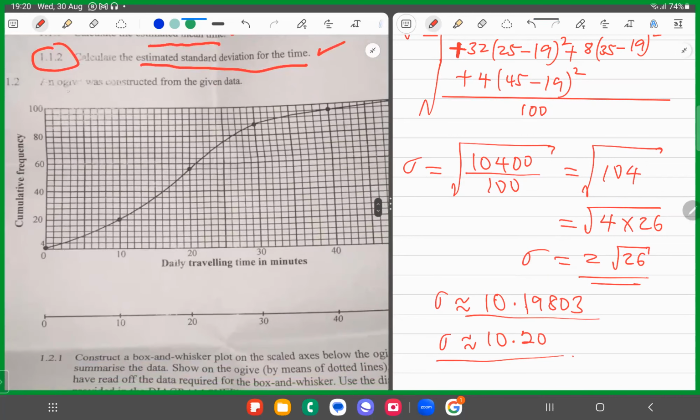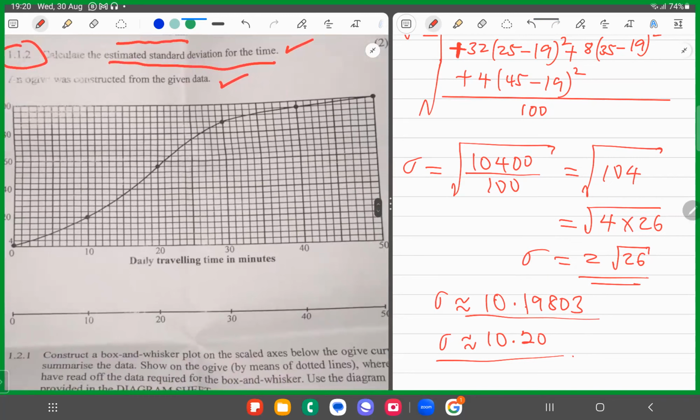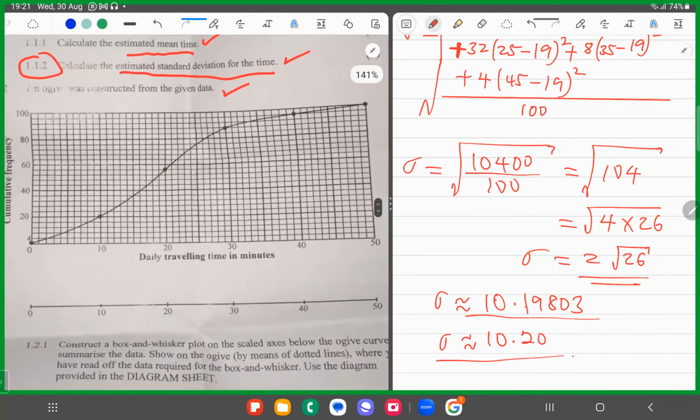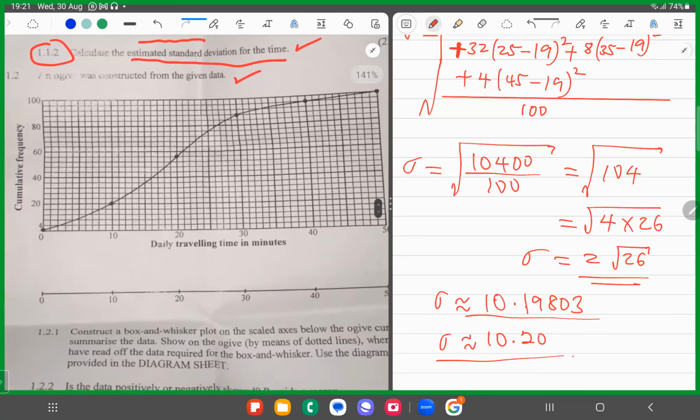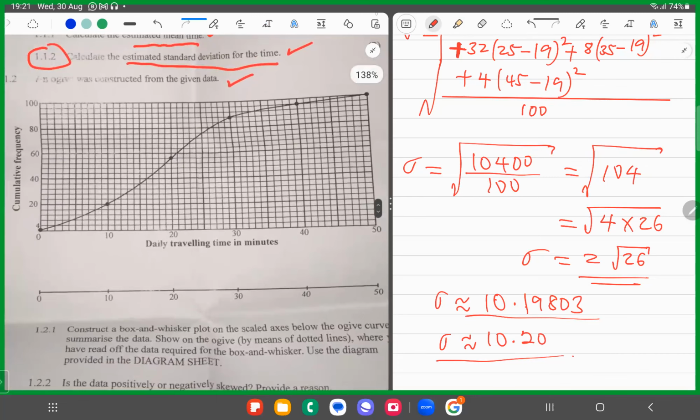Right, an Ogive was constructed from the given data. We have been given data and suddenly an Ogive was constructed.